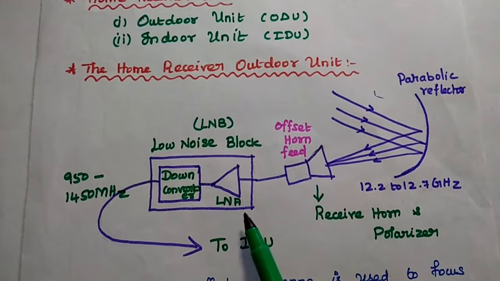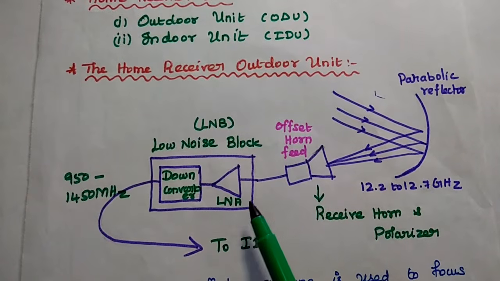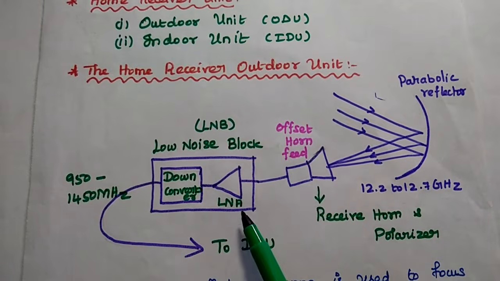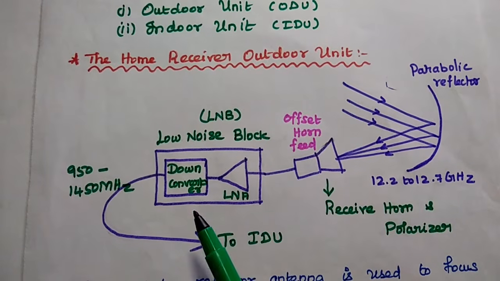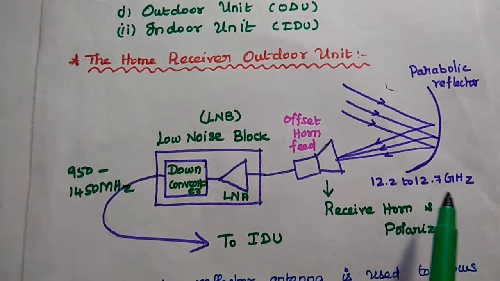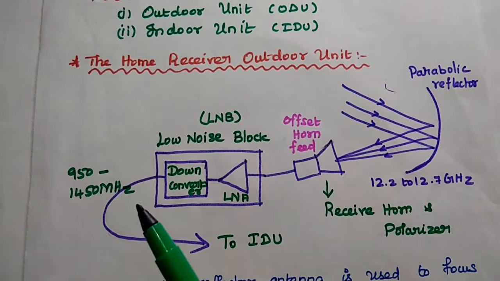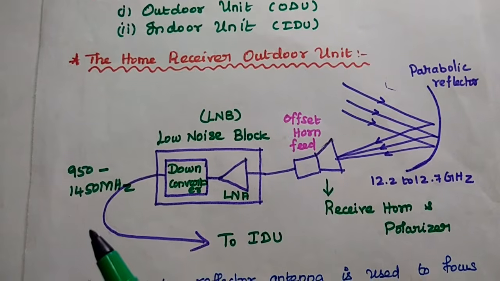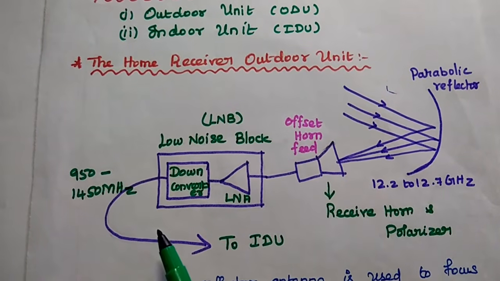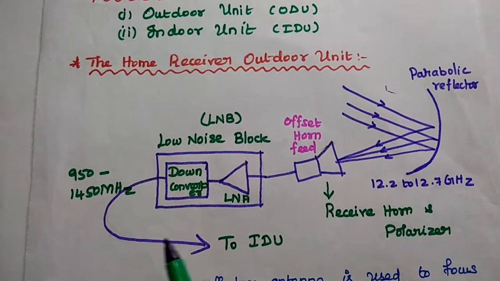Without degrading the signal to noise ratio, that is the important function of the low noise amplifier. Then the amplified signal is down converted from 12.2 to 12.7 GHz to 950 to 1450 MHz. This is the suitable range for the indoor unit.